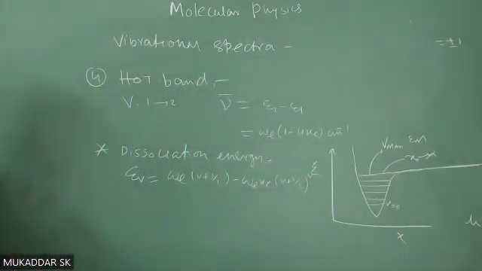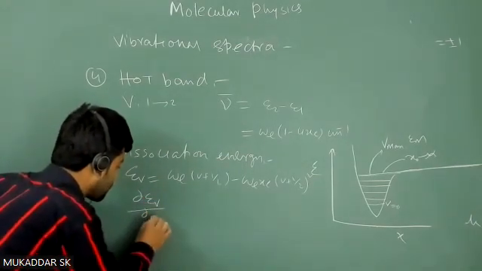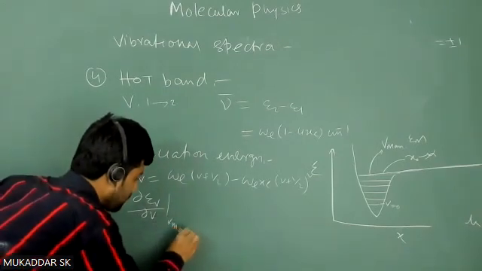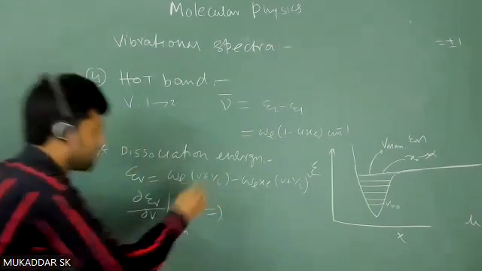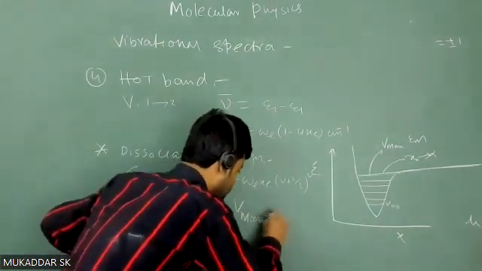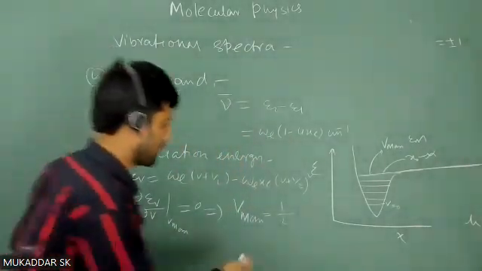So at Vmax, because energy is maximum, delta E by delta V at Vmax will be 0.